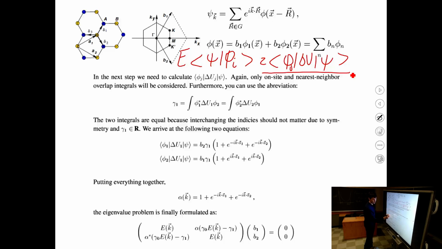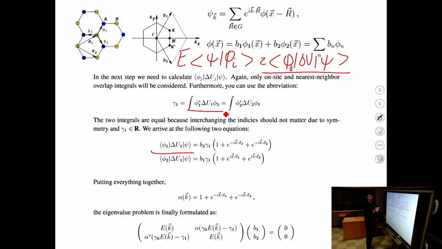So if we do this calculation, we're going to find an expression which is very similar in structure because the integral of phi 1 with phi 2 will be some number. It will be gamma 1, for example.